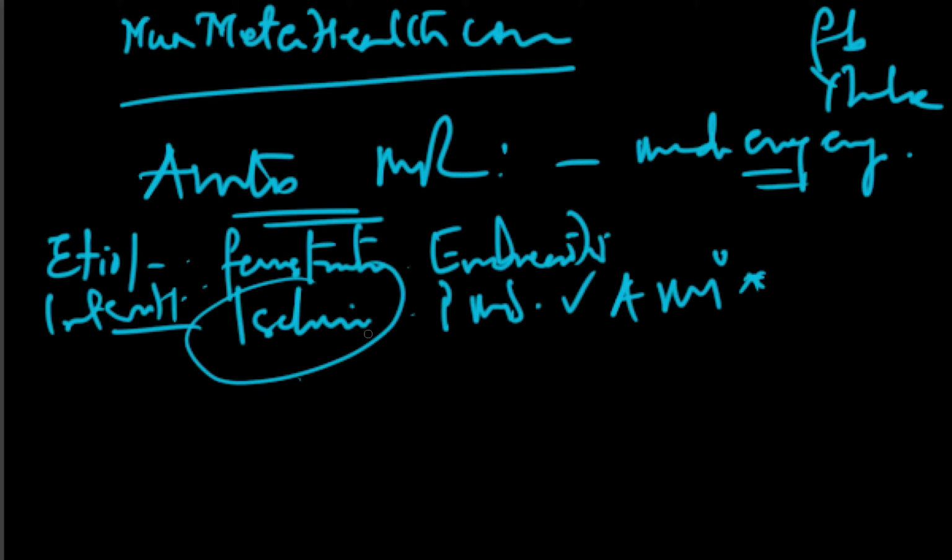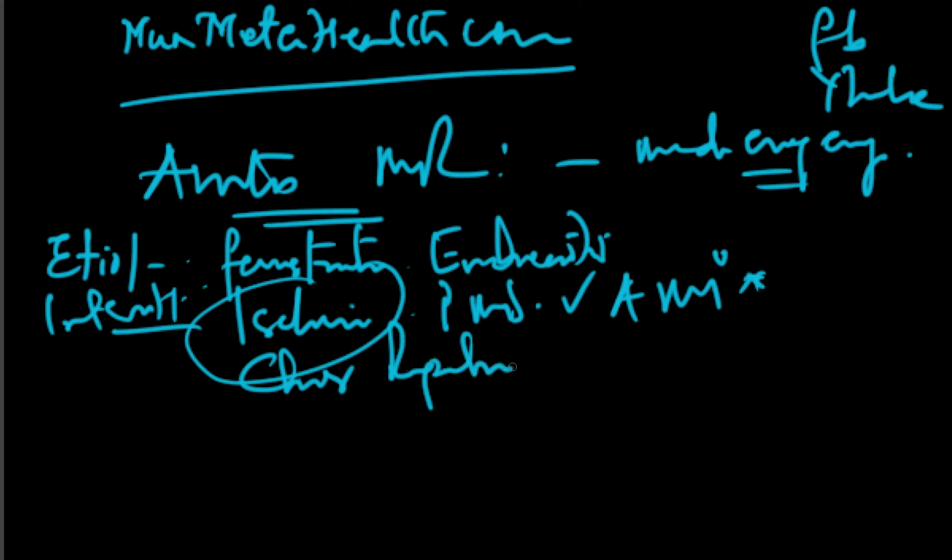Now, what are the other causes of acute MR that might occur? Endocarditis, papillary muscle dysfunction, and do not forget something like a chordae rupture that can occur.